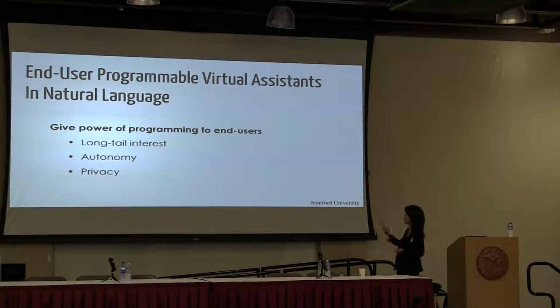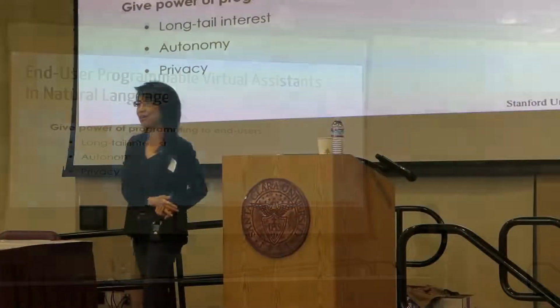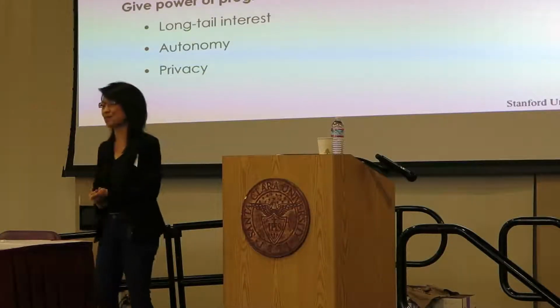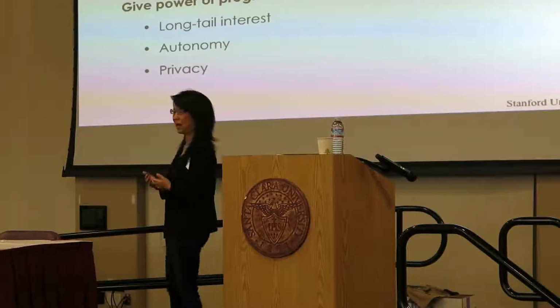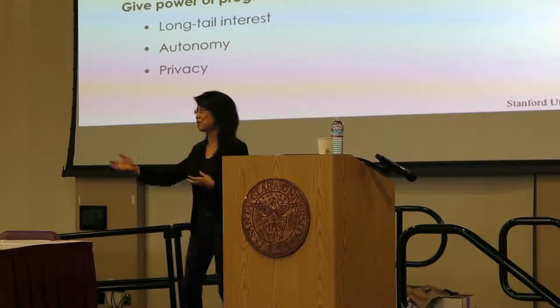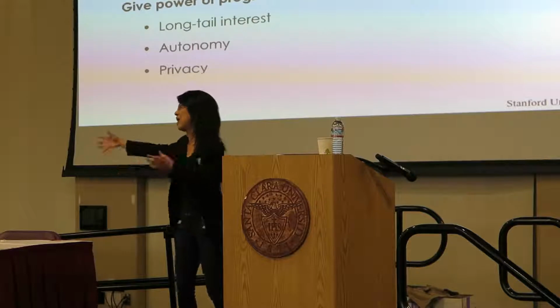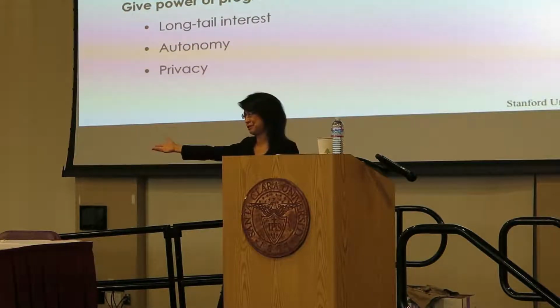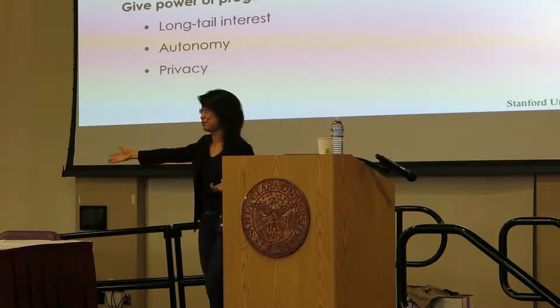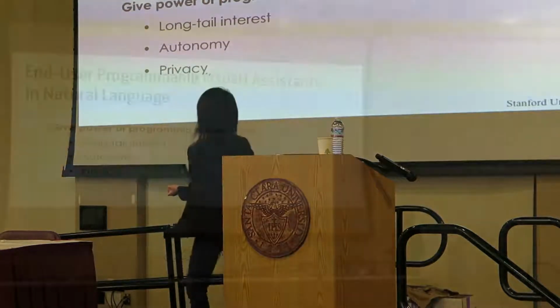And this is the way we're going to be able to serve our long-tail interests. People who have asthma have different needs. People who like to play soccer have different needs. And we want to have autonomy. I don't want to say, this is a piece of software that can make a lot of money, so now we can hire enough engineers to build that piece of software. I want programming, which is obviously very, very useful, to be available to individuals.